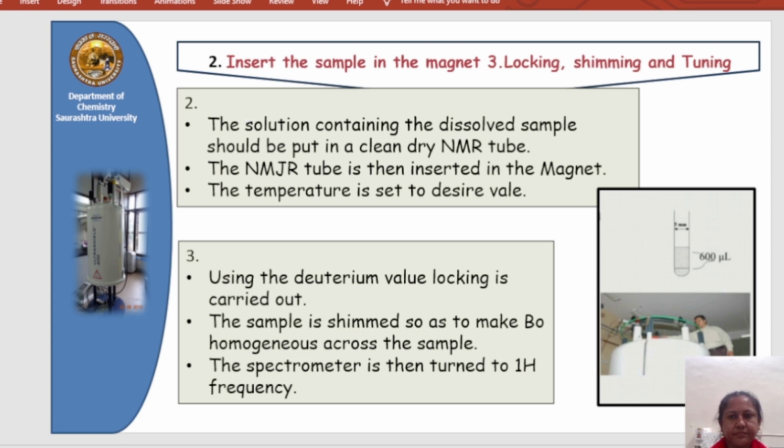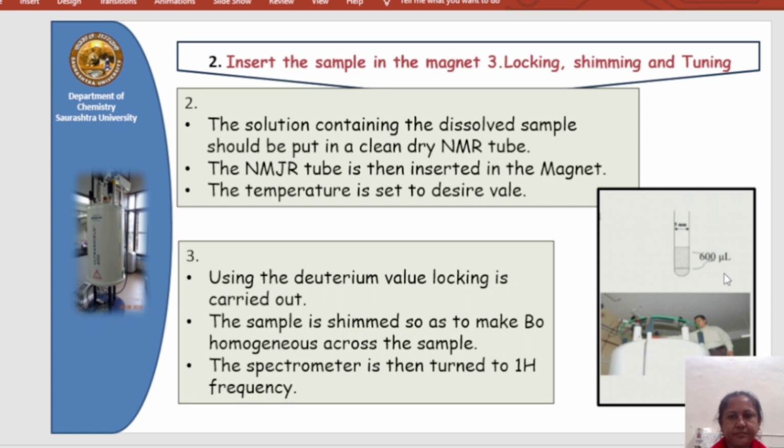In the right side picture, you can see that we insert the NMR tube. We take the compound in a dry NMR tube, add up to 600 microliter of solvent, which may be D2O or any deuterated solvent.